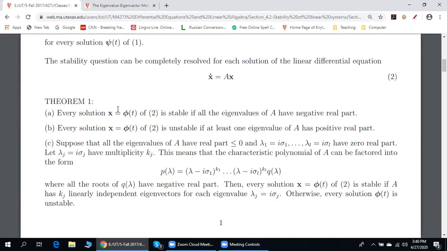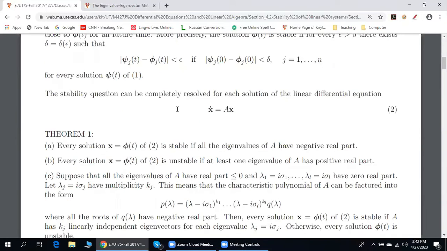Before we jump into C, do you have questions about A and B? When we say stable, we mean a negative coefficient in the exponent of the particular solution. However, if we have unstable, it means a positive coefficient in the exponent. So we are not talking about negative or positive real part of a solution.